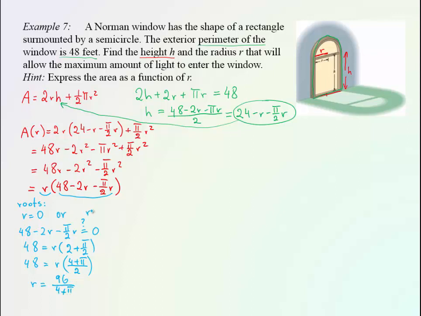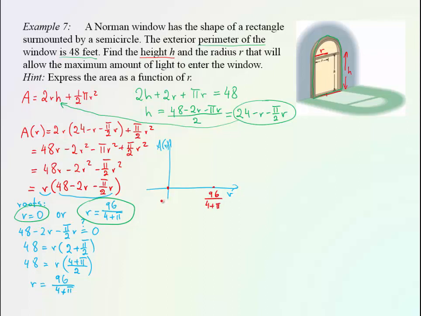Okay, so the other root is 96 over 4 plus pi. Great, we have the two roots. So if I draw the system of coordinates and try to place my parabola A of r, so this is A of r, and that's r, the roots will be 0 and 96 over 4 plus pi.